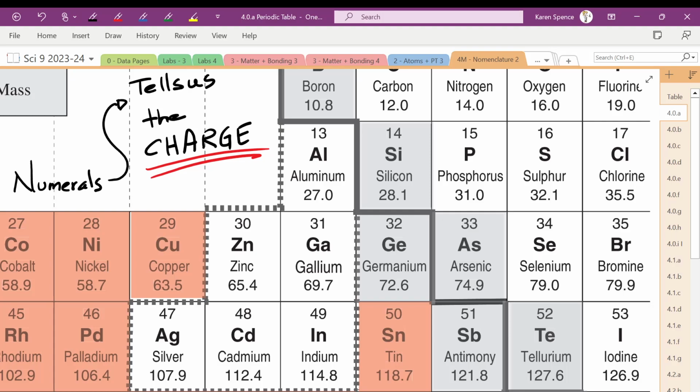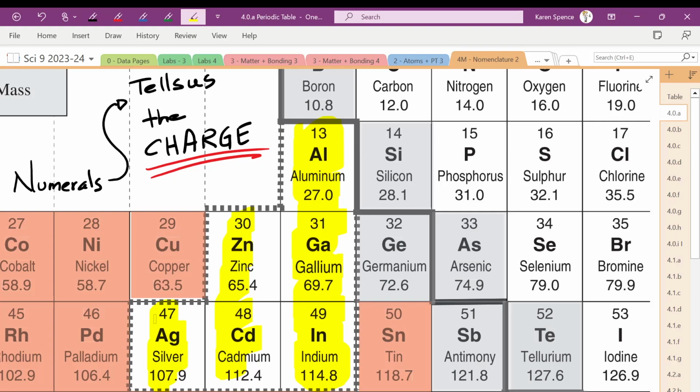I'm going to give you a chance to guess what the charges of these elements are. I will give you a hint. We have 1, 2, 3 things in this column. And there's 1, 2 things in this column. And there's 1 thing in this column. And remember I said remembering them will be as easy as 1, 2, 3.